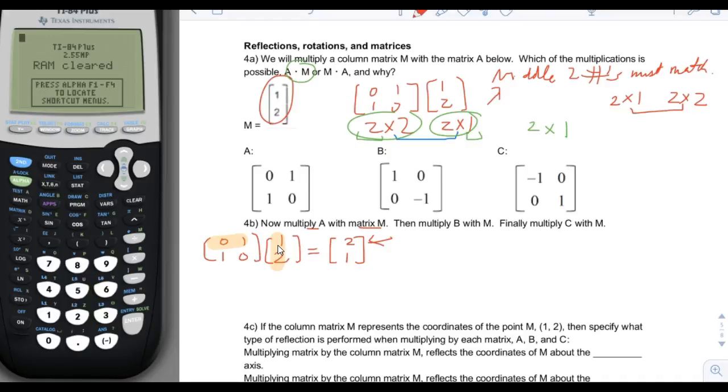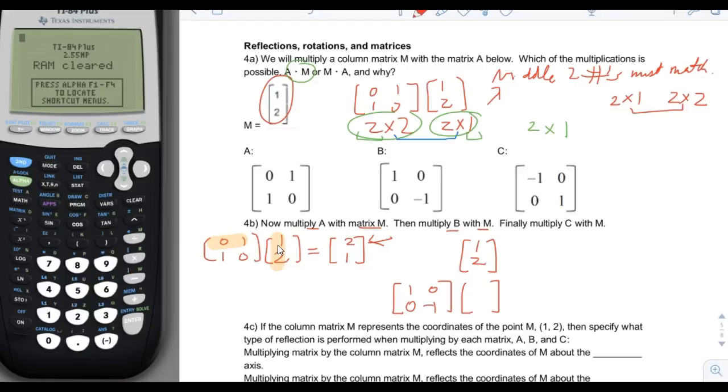I'm going to show you an alternative way to do a multiplication between B and M. Write your B matrix here on the side, write your resulting matrix here, which is going to be a column matrix, and then write your M matrix here.